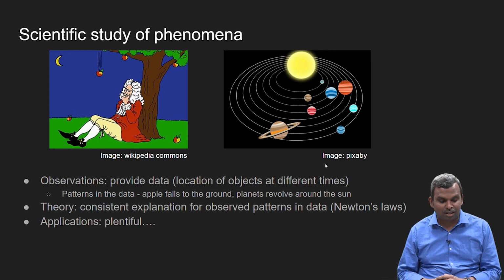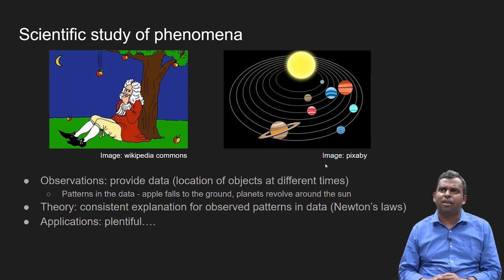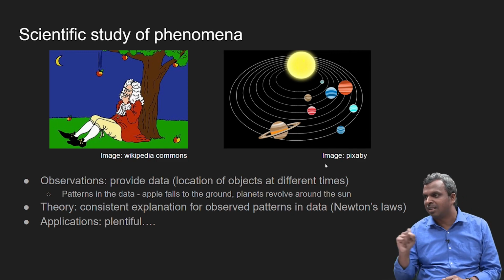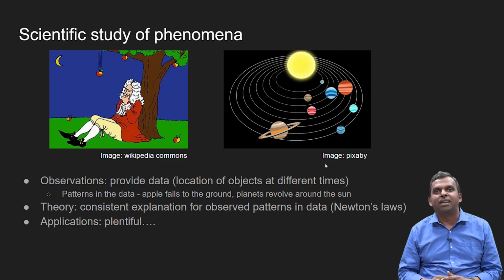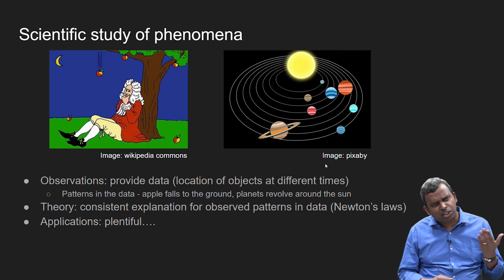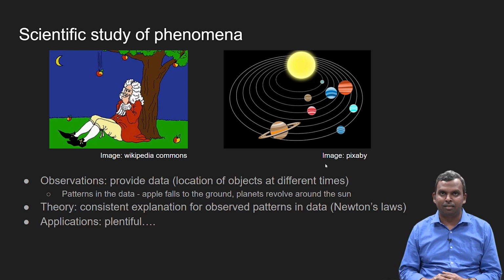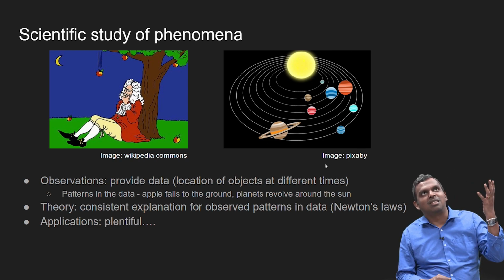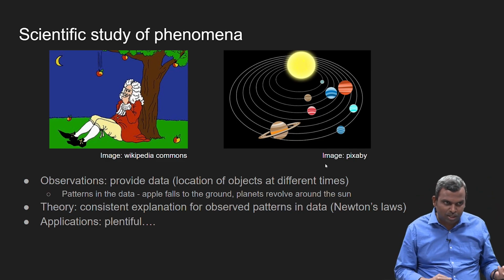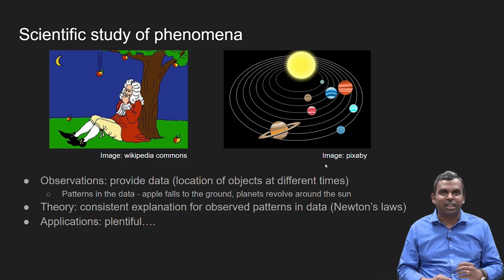One picture shows an apple falling from a tree, and the other shows the solar system. People for centuries have observed the solar system, and across the globe they have noted where different planets are at different times, and they've tried to find patterns in this data. Or they actually already found some patterns in this data. An apple, once it ripens and gets cut off from the tree, falls towards the ground in a sort of straight vertical line.